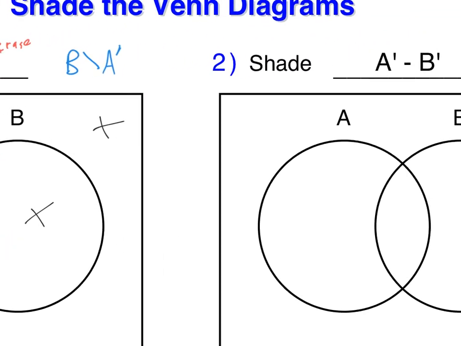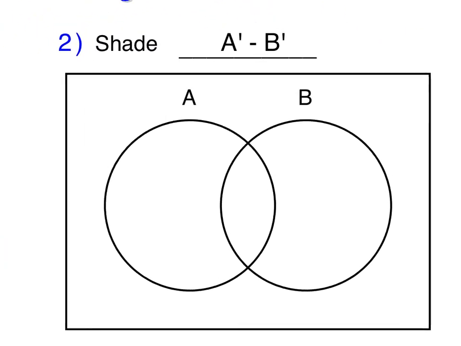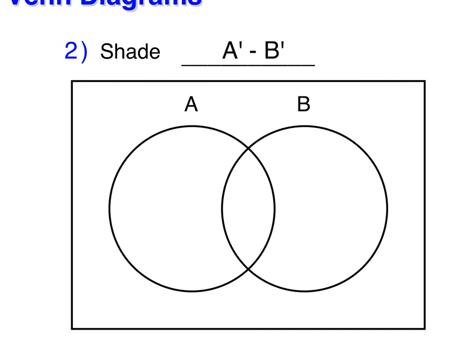Let's look at a perhaps slightly more complex version of this problem. So we're going to shade not A minus not B. And again, recall, you may see it in this notation as well. So let's start by shading the expression that's on the left.